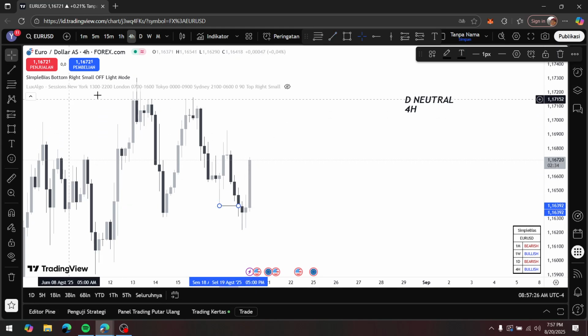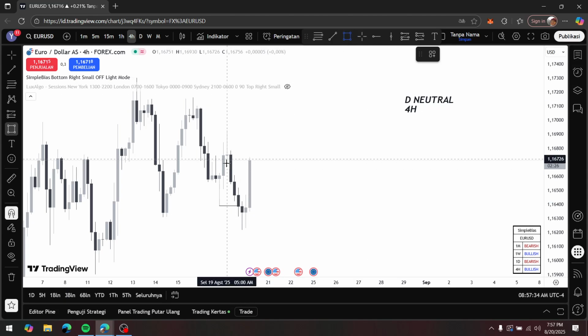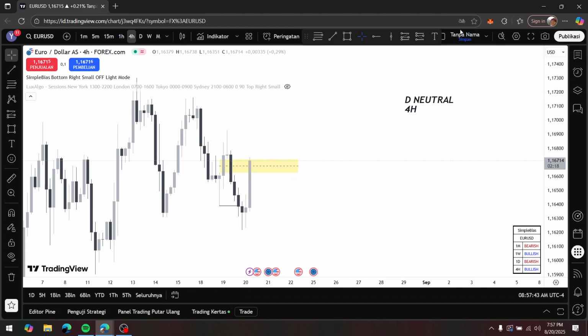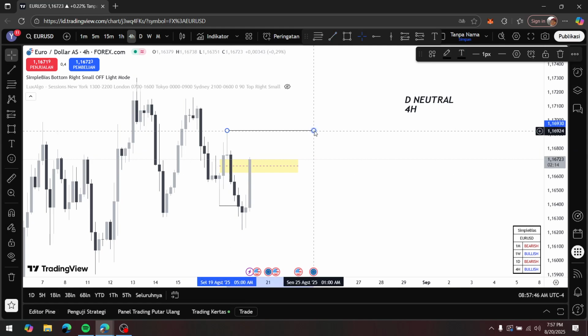I don't know, is it a BOS or a CISD, because look at this range. It's sideways. You find a fair value gap, and this is the high. This is the high. This is the low.